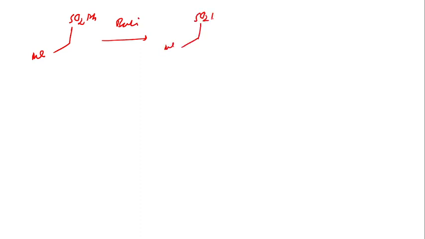This will be SO2Ph, this is negative. Now you look for aldehyde. I am providing that aldehyde. C double bond OH. This is the aldehyde. So now you know that it will attack here. It will go minus. Then what do you have? You have these things.